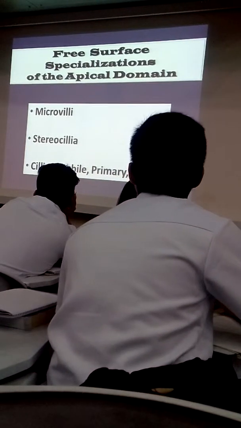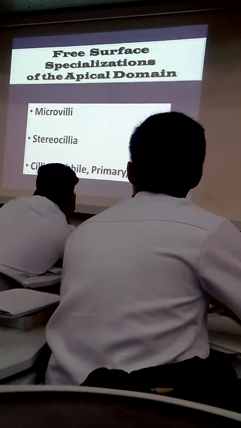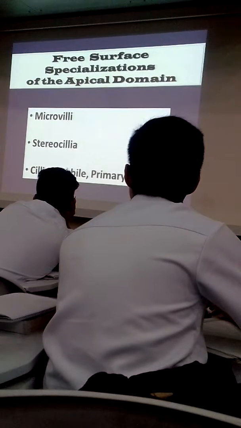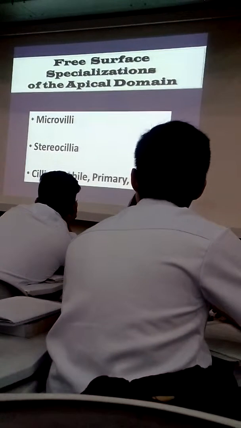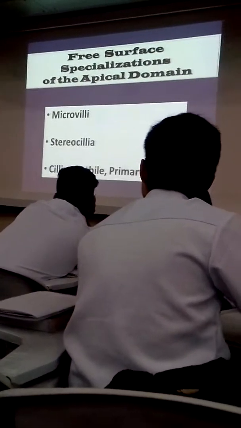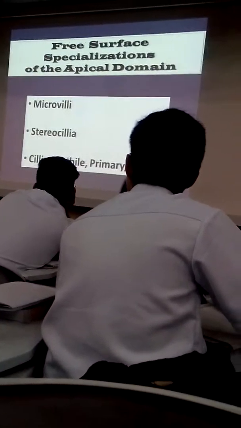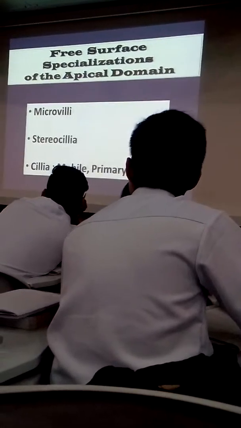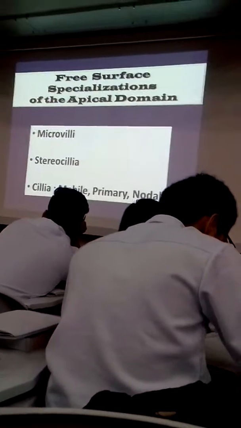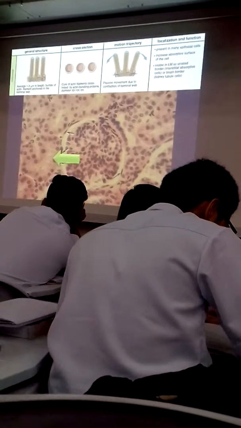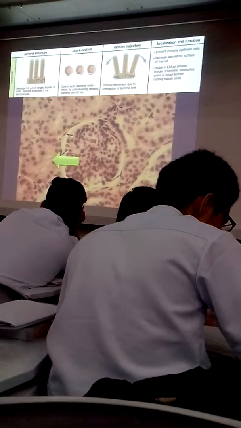So first, let's discuss the free surface specializations, more of the apical domain. We have the microvilli, stereocilia, and the cilia. I think you know already, from the summary table in your book, that the cilia has the motile, primary, and the nodal type. So first is that of the microvilli.